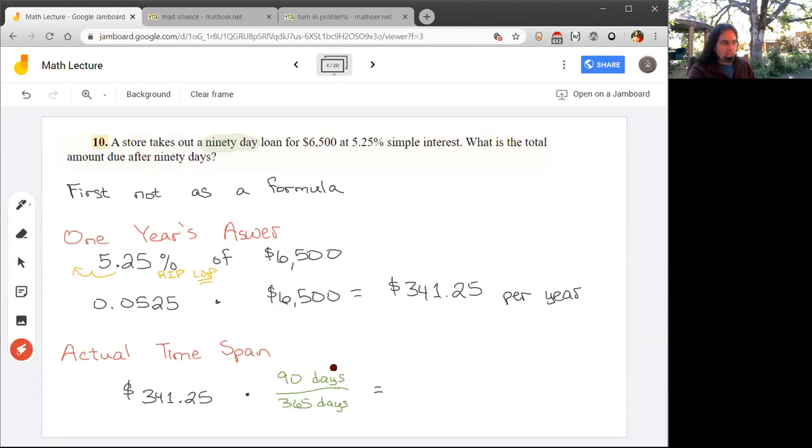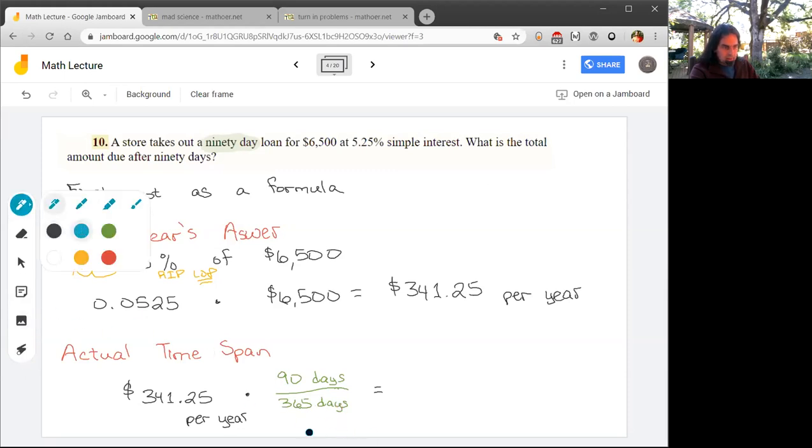Okay, so why do we have this fraction? Because this is an amount per year. And this is how much 90 days is as a fraction of a year. In my calculator, I'm going to write the 341, actually I'm not going to use the dollar sign on the calculator.